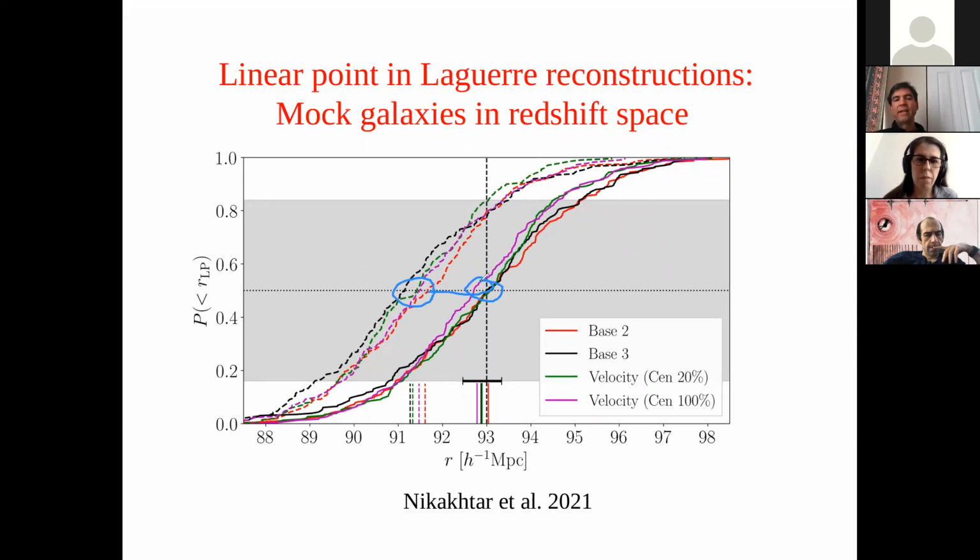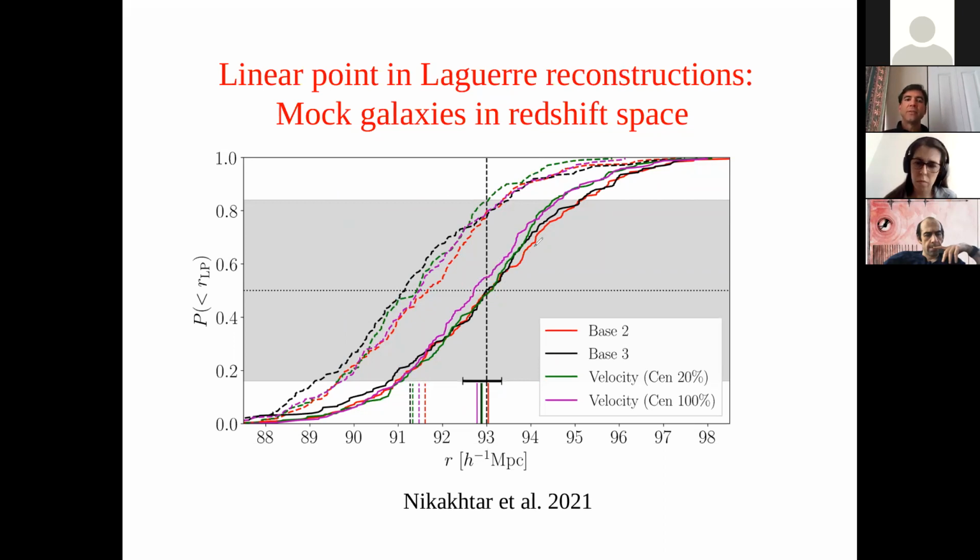There's no offset, and a measure of the error bar would be the spread from here to here on the distance scale, and that is not broadened in our reconstructions compared to initially. So we didn't pay a big price for doing deconvolution because there wasn't as much to be fixed in the first place.